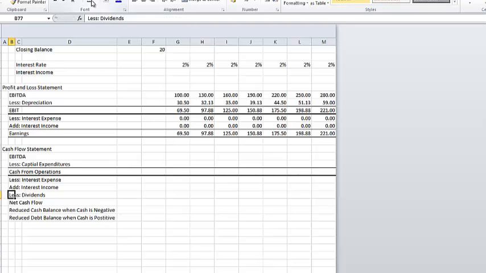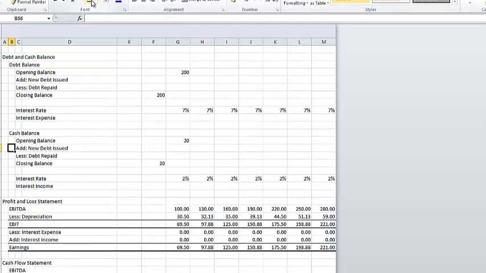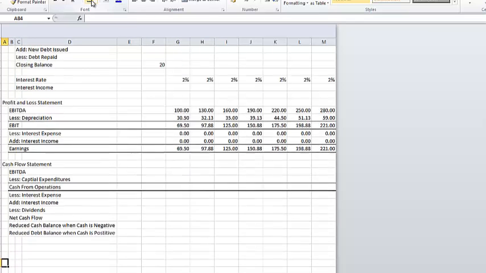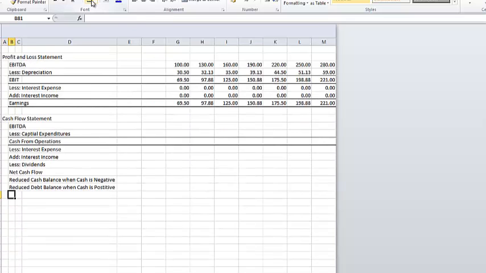And now we have, just up here, the less items, the reduction items here, and then we can put cash flow after reductions.